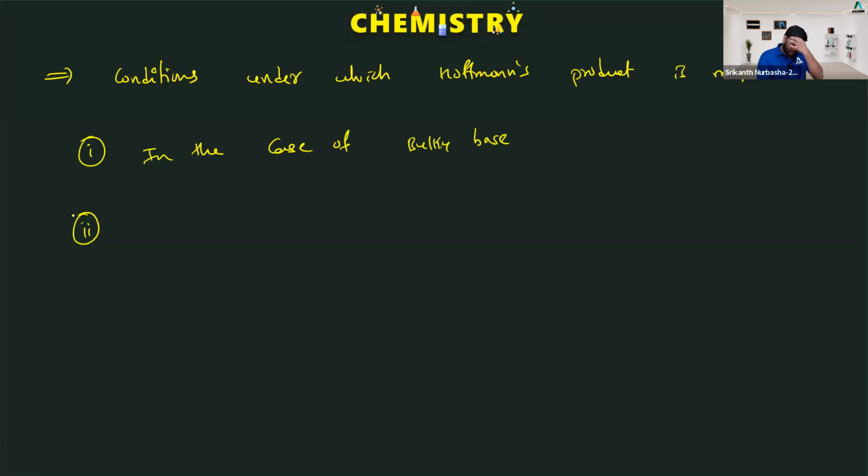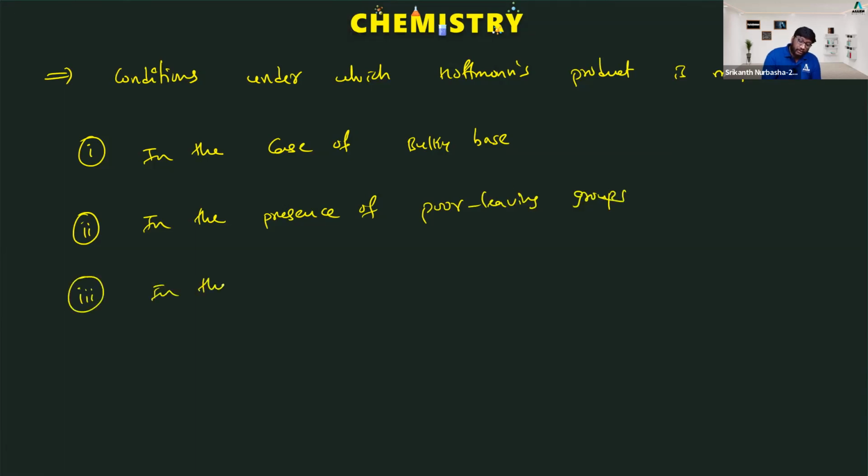Second, conditions under which Hofmann's product is major: in the presence of poor leaving groups. In the case of poor leaving groups, you can take fluorine, NR3 plus, SR2 plus.